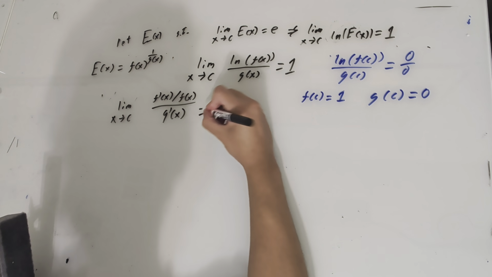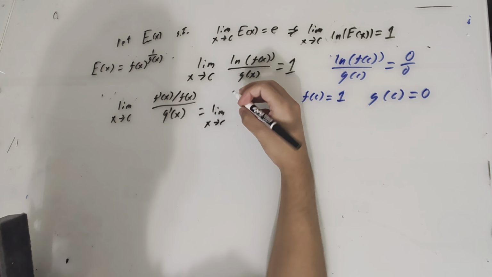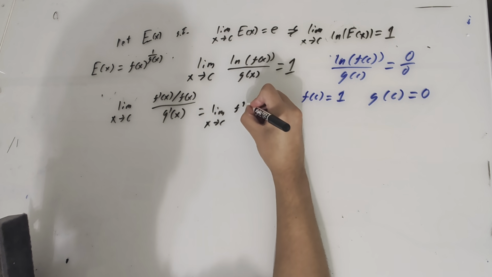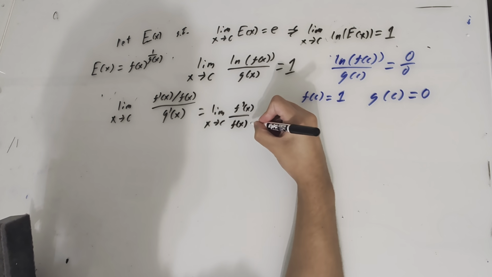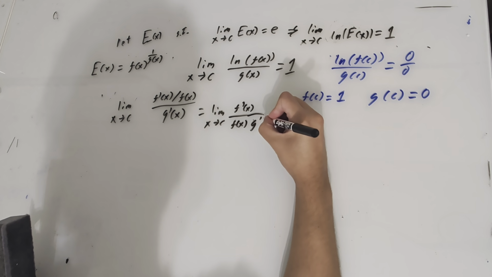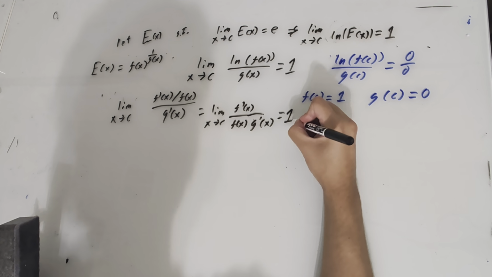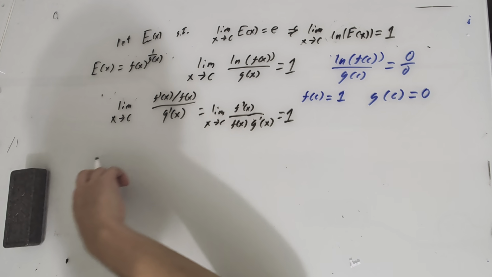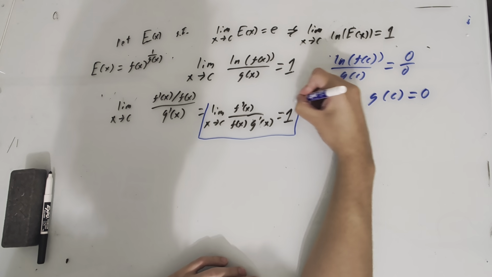Cleaning this up, we get the limit of x going to c of f prime of x over f of x times g prime of x, and then we want this to equal 1. Okay, so that's our final sort of restriction here.